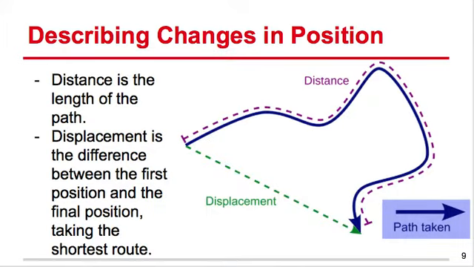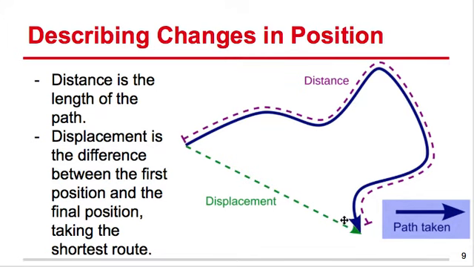Describing changes in position. Distance is the length of the path. So this is our distance. We've traveled this distance. Displacement is the difference between the first position and the final position, taking the shortest route. So here's where we started, here's where we ended. This is our displacement.